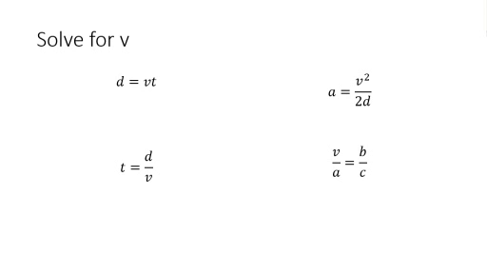The top one on the right-hand side, a equals v squared over 2d. First thing you'd want to do is multiply both sides by 2d, and then take the square root. That's how you get rid of the squared. So it ends up being the square root of 2ad equals v. And the last one is just a proportion. So cross multiply and divide, and you end up with v equals ab over c.